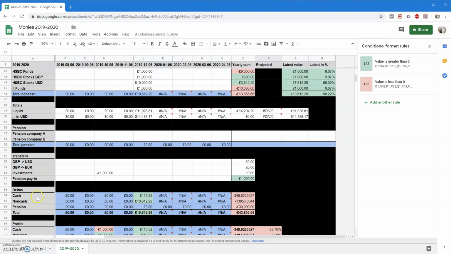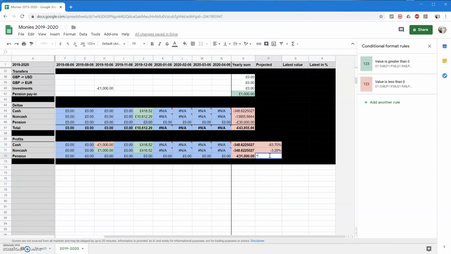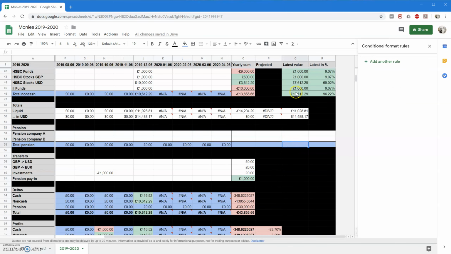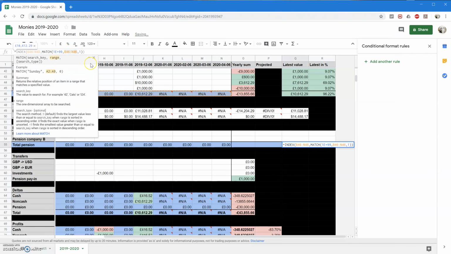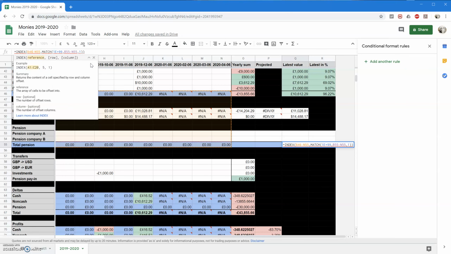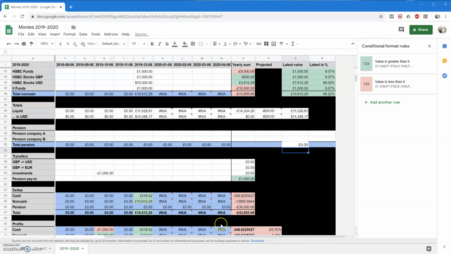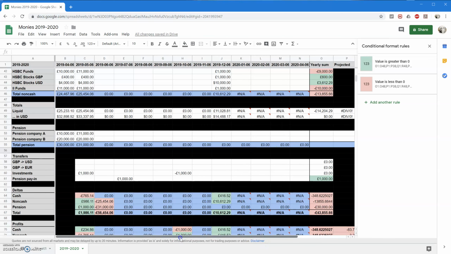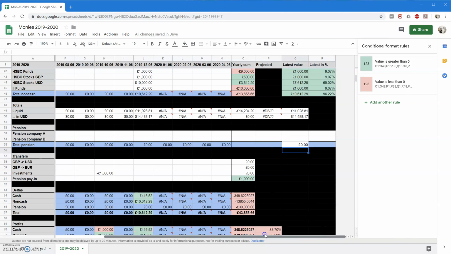Pension. Total pension, that's Q55. Well, not very interesting.